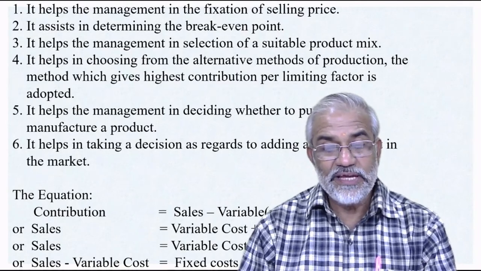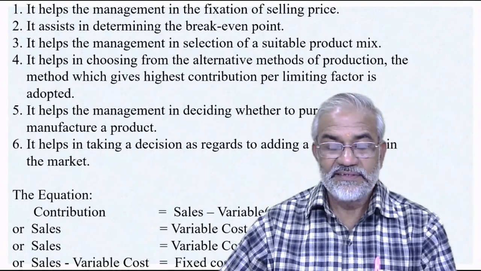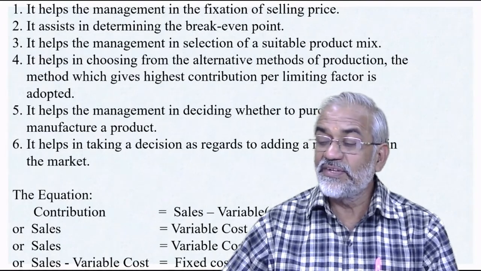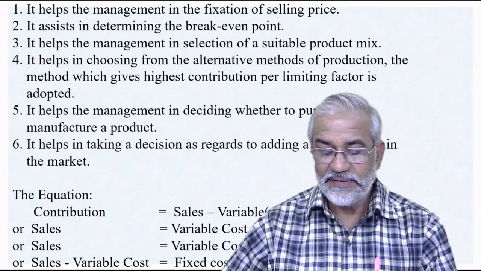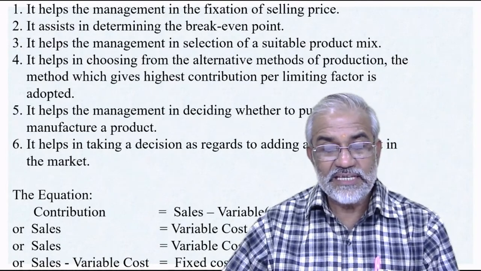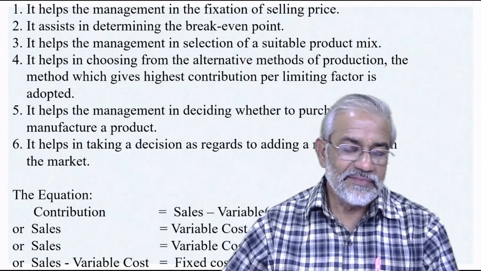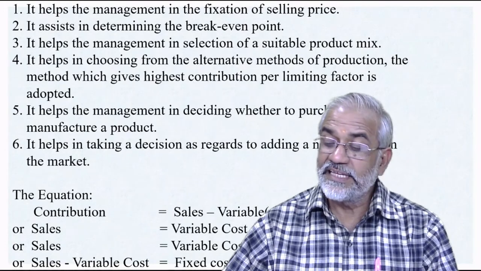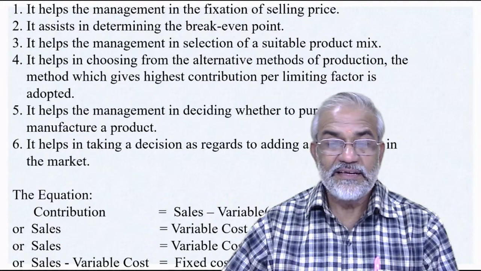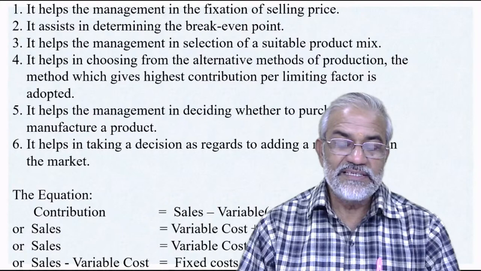And the fixed cost would be 100 rupees. The total cost is 700 rupees and the sale is 750 rupees. So 750 minus 700, the profit is 50 rupees.